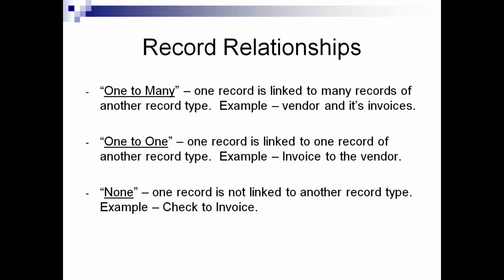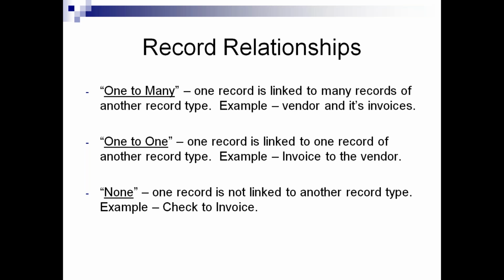Now, record relationships. This is one thing we talked about again in the report designer class. There are a couple that you need to be aware of. The one-to-one relationship means that one record is only linked to one record of another type. So the example we're giving here is invoice to vendor.